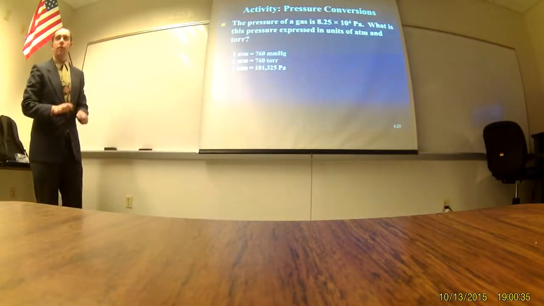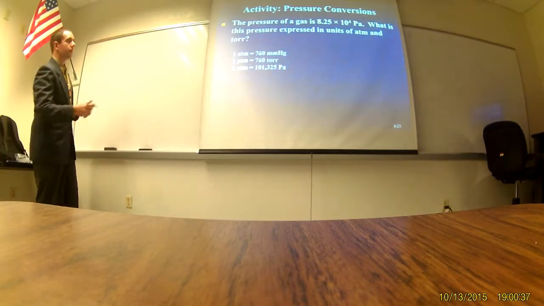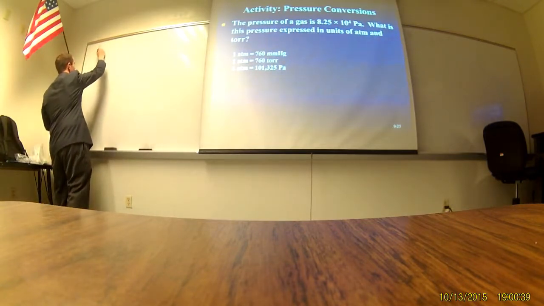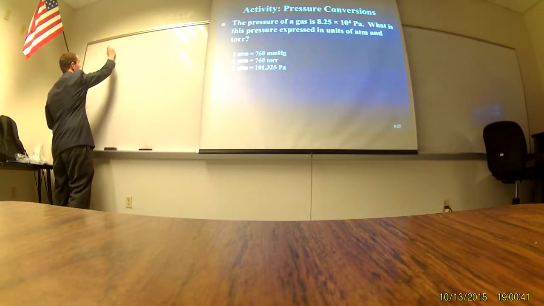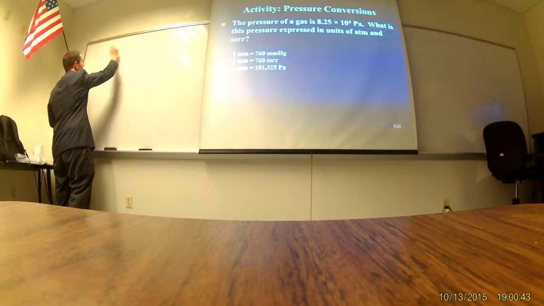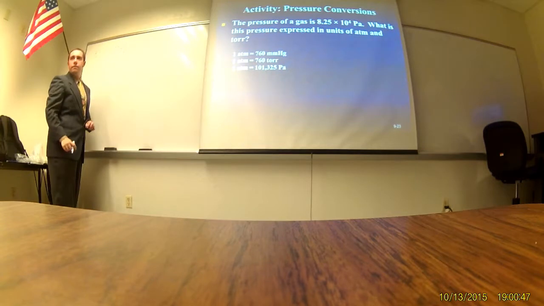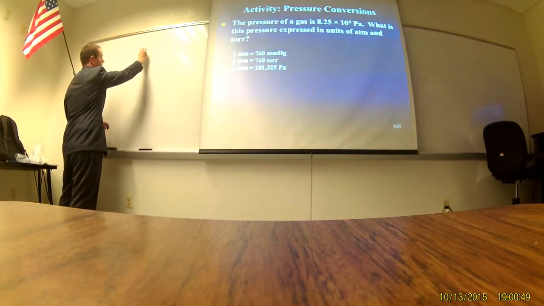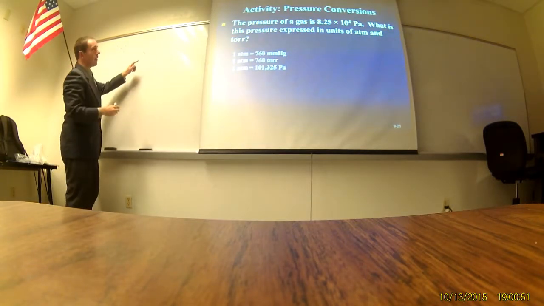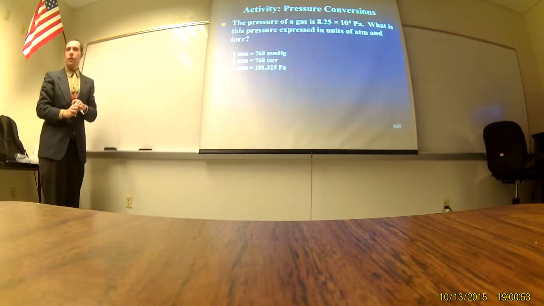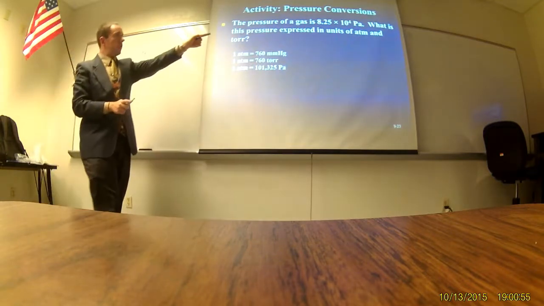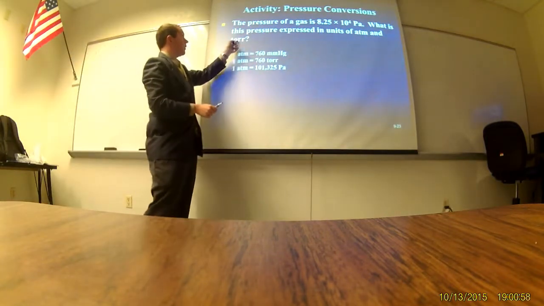What's the number I'm starting with? 8.25 times 10 to the 4 pascals. What's my unit? Has to be pascals. Where am I trying to get to? I need atmospheres and torr.